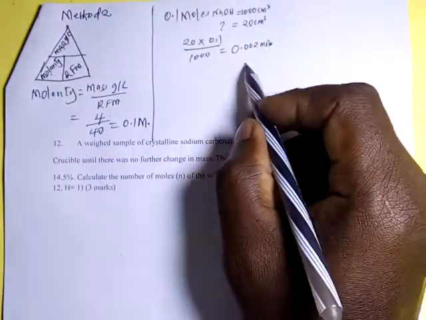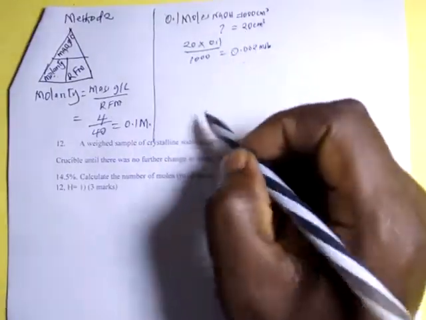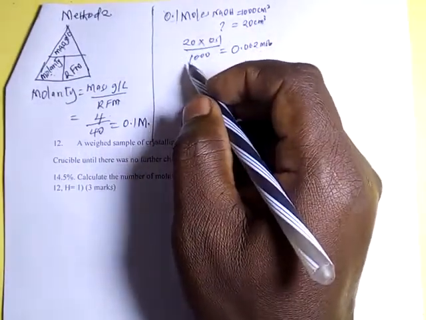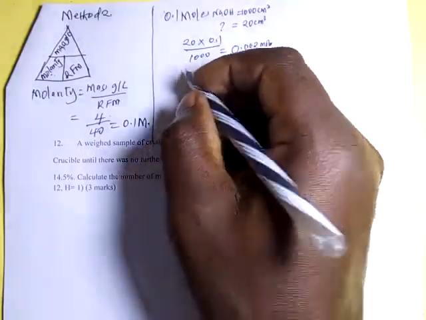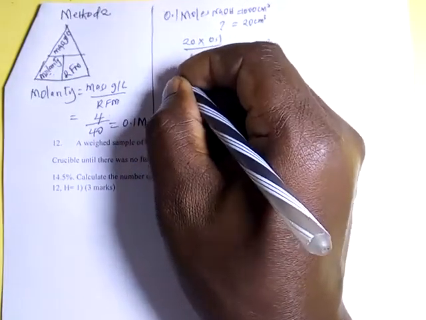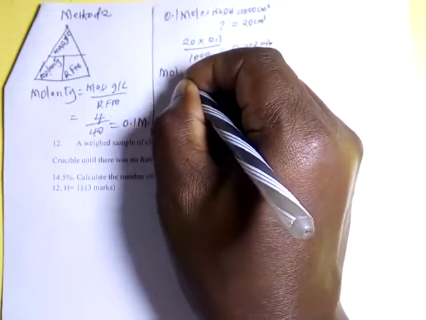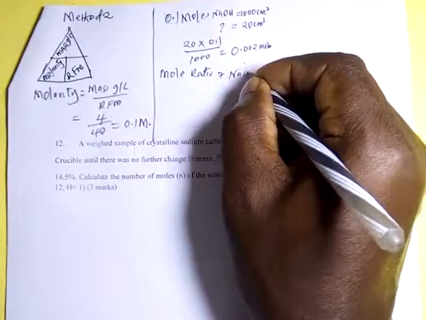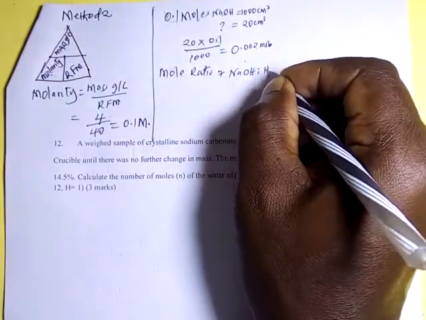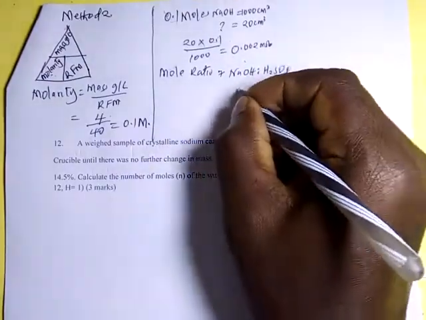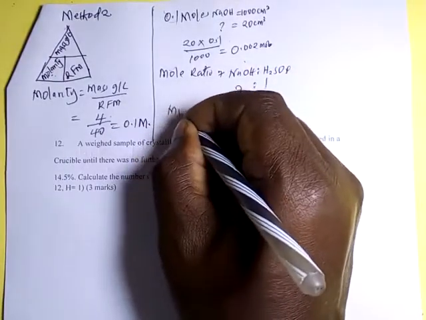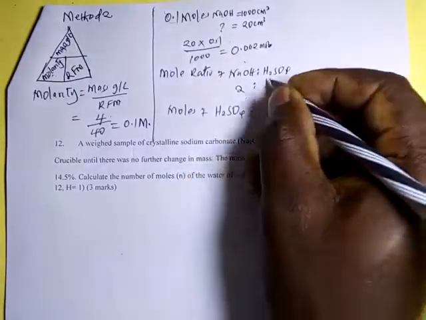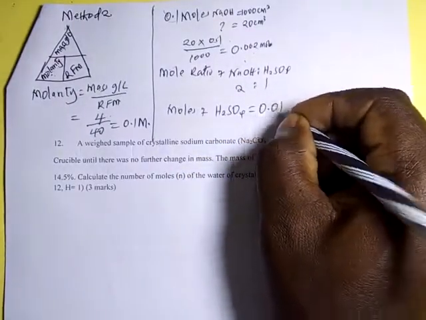So this is the number of moles of sodium hydroxide that reacted with sulfuric acid. But from the equation, the mole ratio of sodium hydroxide to sulfuric acid is 2 to 1, meaning that moles of sulfuric acid is equal to half of this, 0.01 moles.